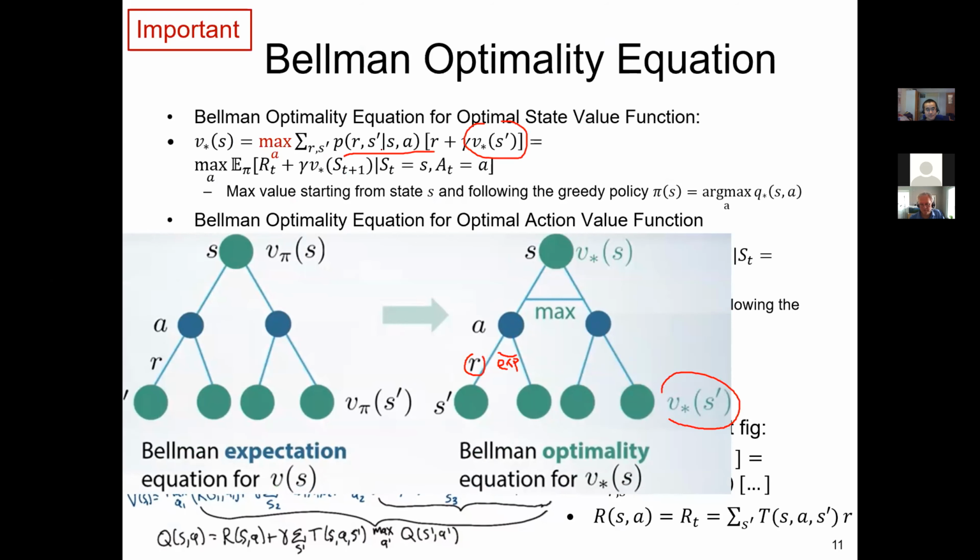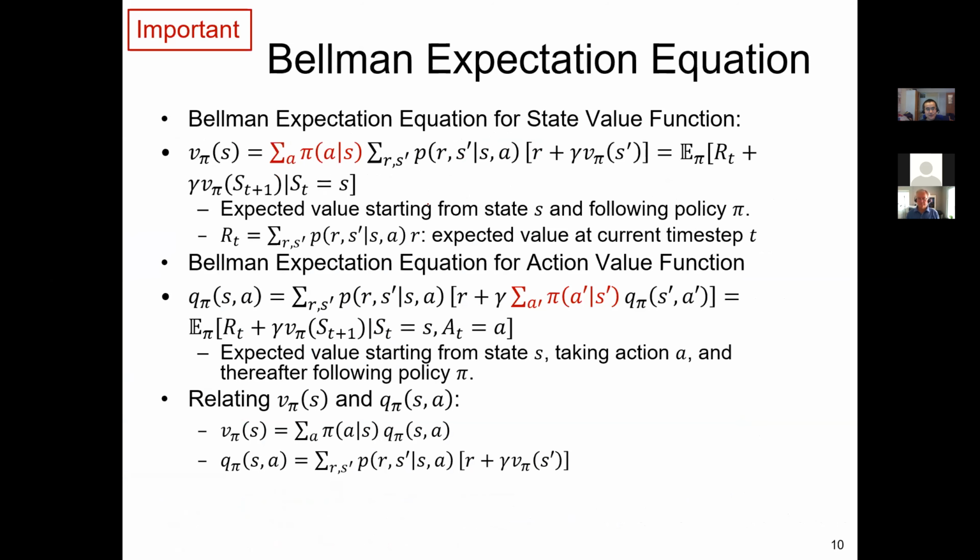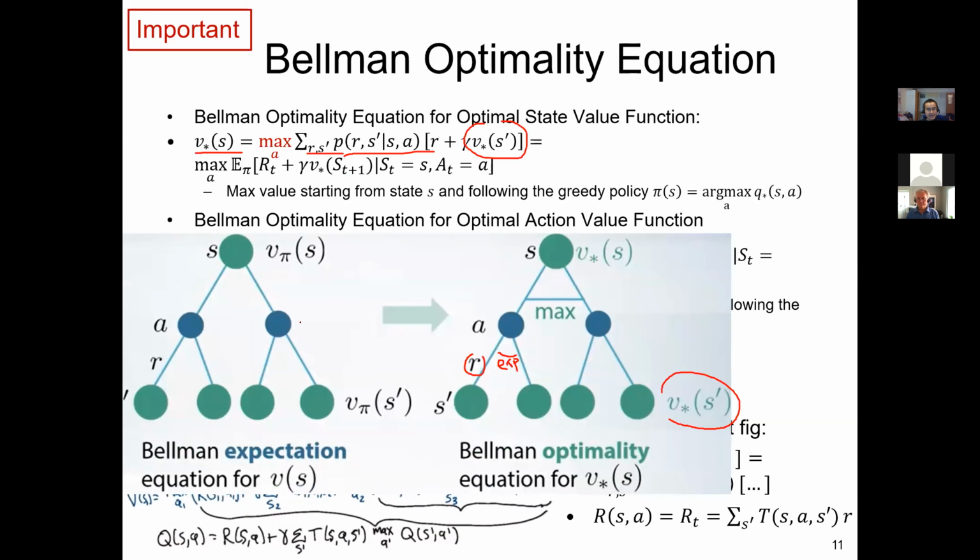That's this part. And then you go up and take a max to get the V star S. That's how you back up from V star S prime to derive V star S in this backup tree. For the Bellman expectation equation, the only difference is that now you have an expectation here, not a max.